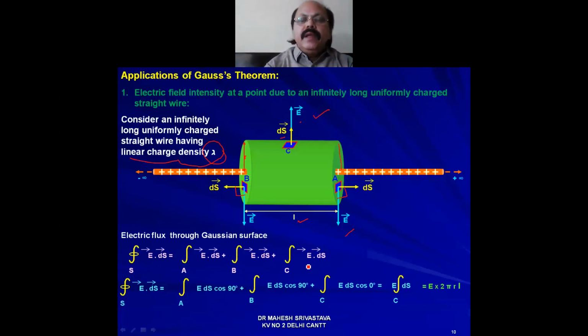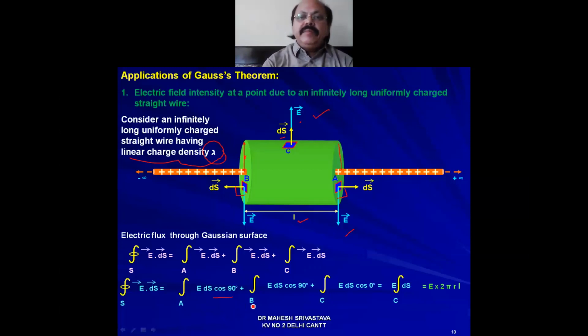So as I already told you, in case of flat surface A, the angle between E vector and ds vector is 90 degrees. So the electric flux contribution by the flat surface A becomes 0, or mathematically you can write closed integral E dot ds equal to integral for flat surface A E ds cos 90.